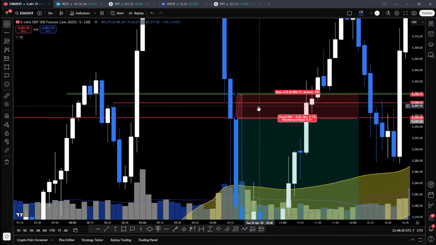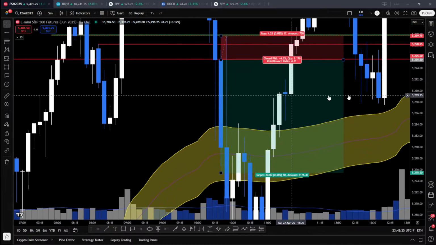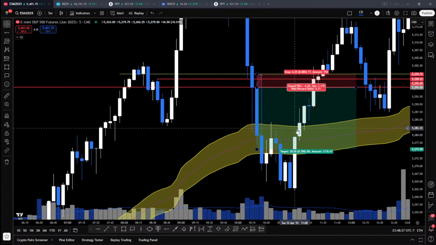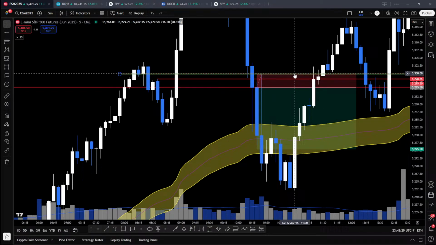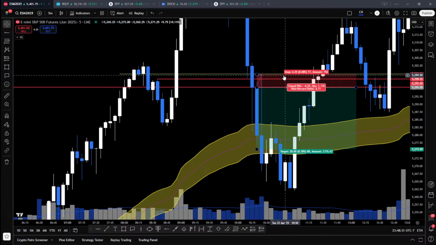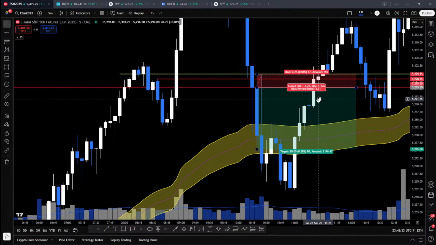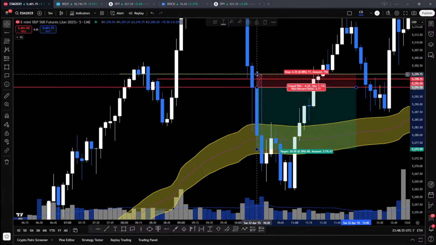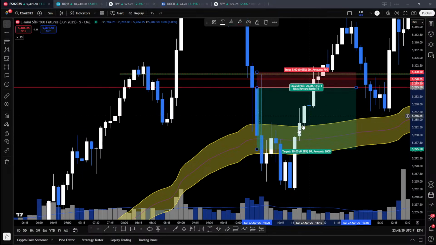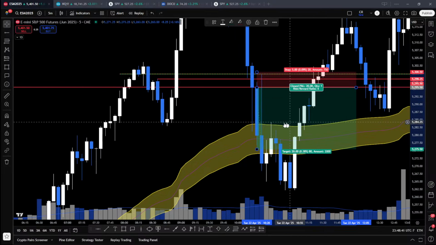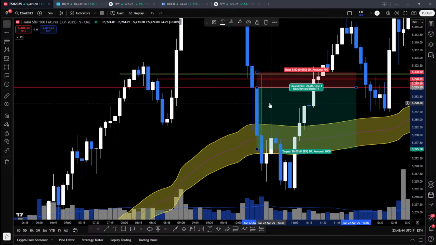If I took the same trade, there's a chance I got stopped out. 20 points, risking, yeah. Based on the 20 points, I'd probably want my stop loss at least 5. But again, that's just based on how I trade.